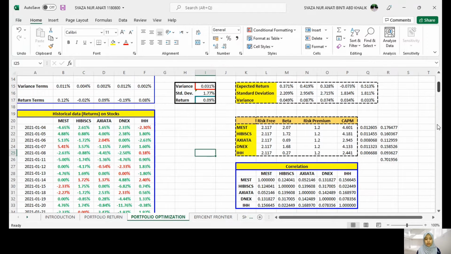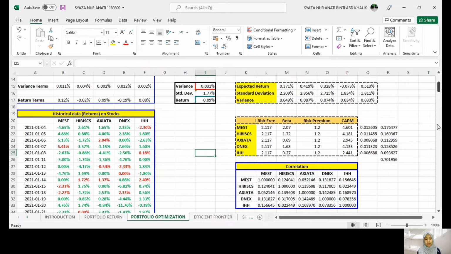As we can see from the portfolio optimization, it shows the beta coefficient and the CAPM. Basically, a beta coefficient can measure the volatility of an individual stock compared to the systematic risk of the entire market. In addition, the capital asset pricing model, CAPM, describes the relationship between the systematic risk and expected return for an asset, particularly a stock.